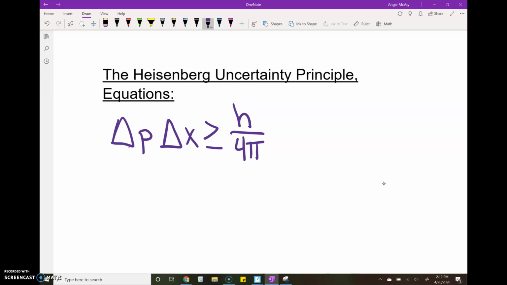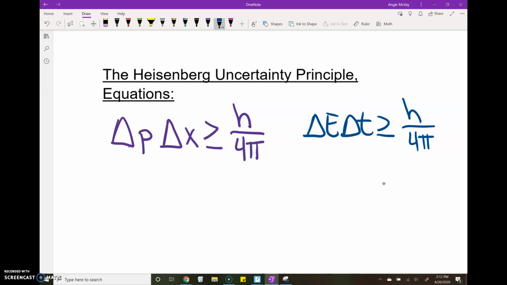So you take the uncertainty in an object's momentum times the uncertainty in position, and it must be greater than or equal to this constant. Okay, you can also have this written in terms of energy. So uncertainty in energy times uncertainty in time must also be greater than or equal to Planck's constant over 4 pi.